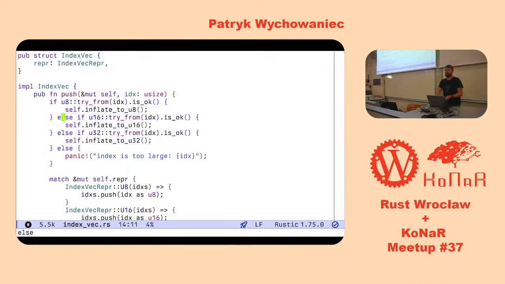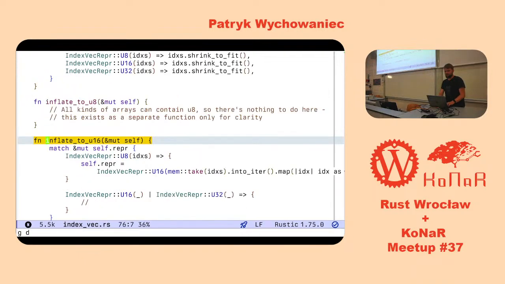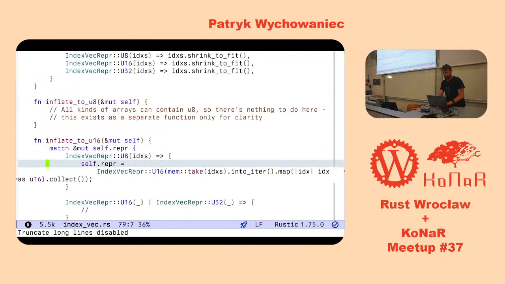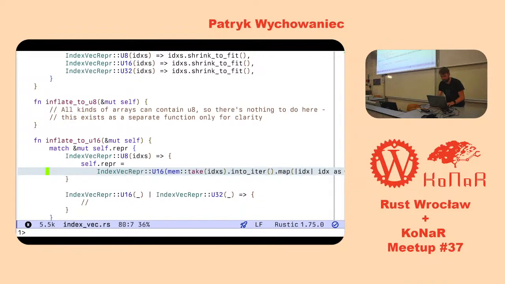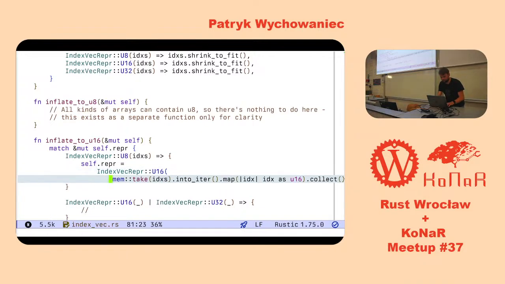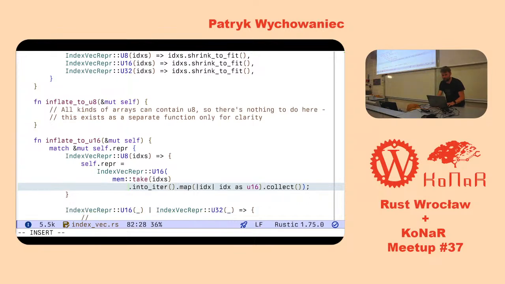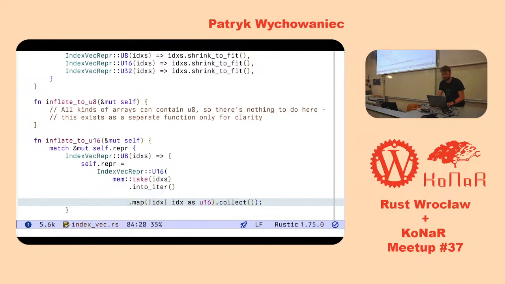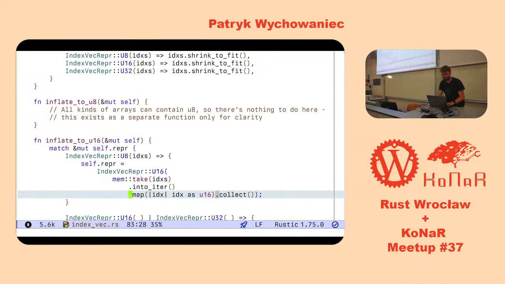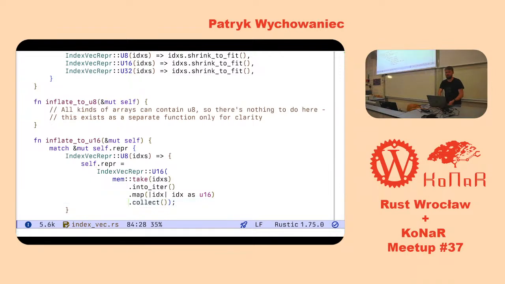But if the price is larger, then it upgrades itself to this larger vector simply by copying all of it. Can I maybe make it a bit more readable? What it does basically is that it creates a new vector, simply copying what it has inside of it, casting the numbers to this higher type, and recollecting into a larger vector, which is as simple as it takes.